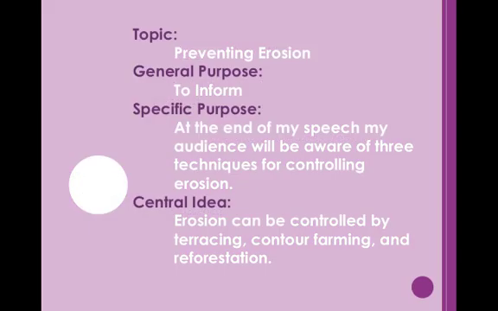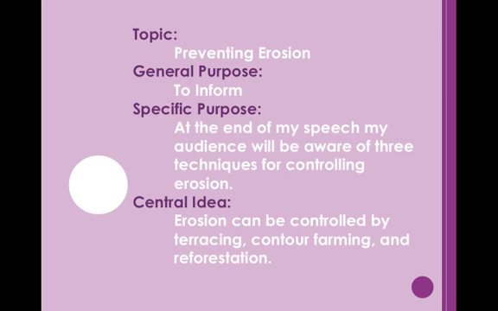Here is an example. The topic is preventing erosion. The general purpose is to inform. The specific purpose is, at the end of my speech, my audience will be aware of 3 techniques for controlling erosion. Thus, the central idea may sound like this.